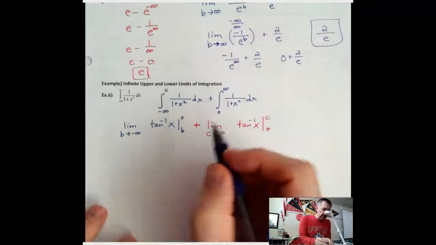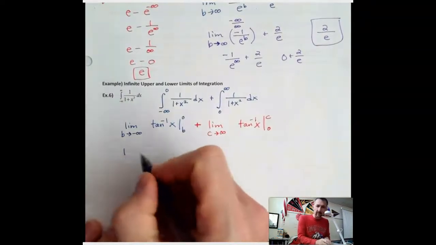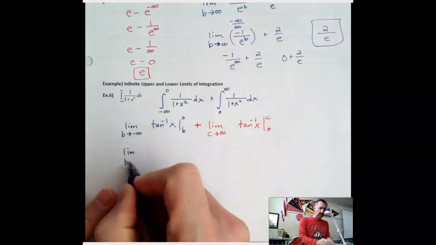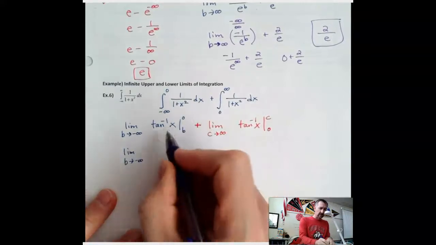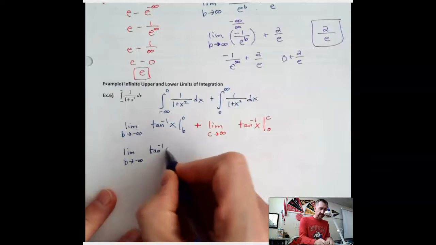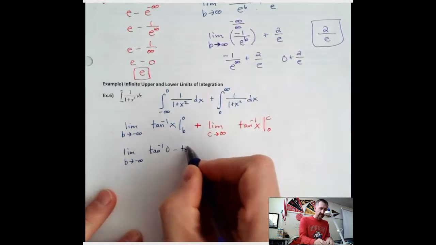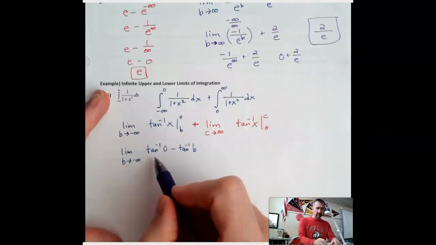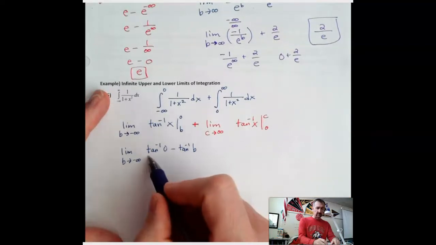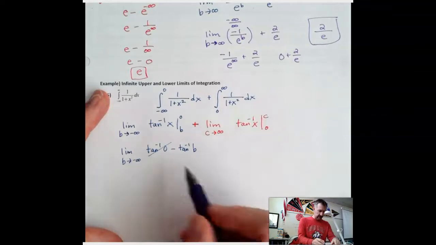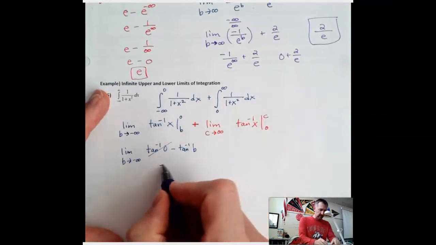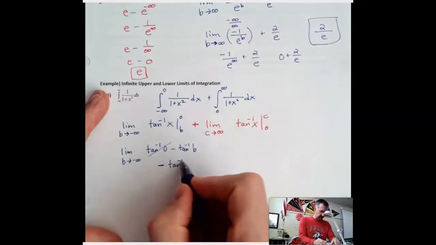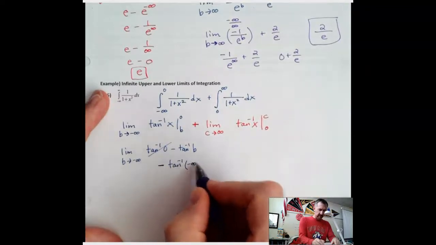Okay, so this is going to be the limit as b approaches negative infinity. That's going to be the inverse tangent of 0 minus the inverse tangent of b. 0, 0 for tangent, so that's 0. And then if we substitute that in, that would be negative infinity.